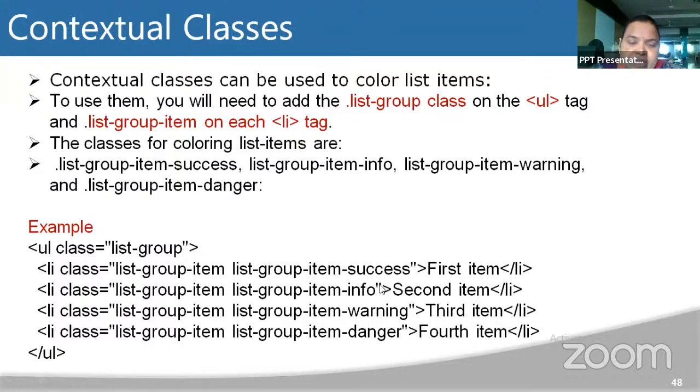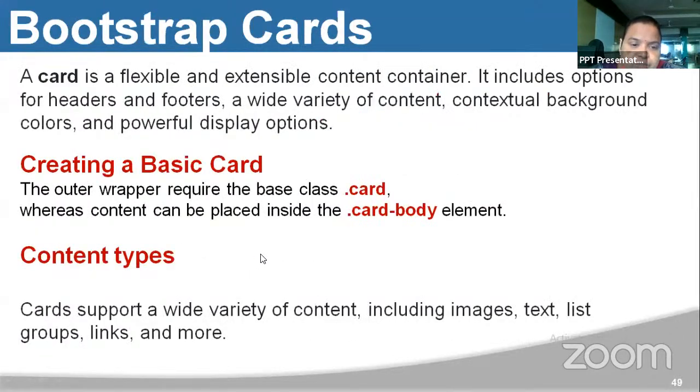Success is one color, info is another color, warning is another color, and danger is another color. This is called color representation of list group items.